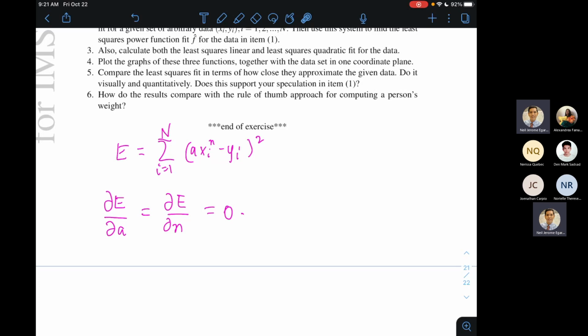So, linear system nga ba siya? Yeah, I think linear system lang naman yung makukuha nyo. Or at most, isang simpleng non-linear system. So, you can either solve it by hand or ask your software, MATLAB or Python or Mathematica to compute the values of A and N for you.